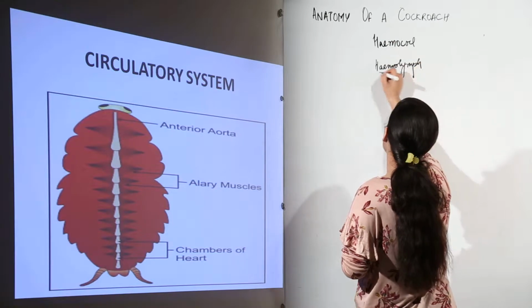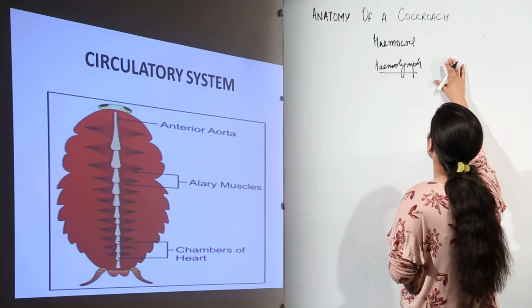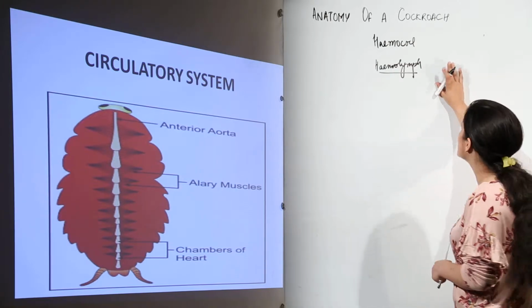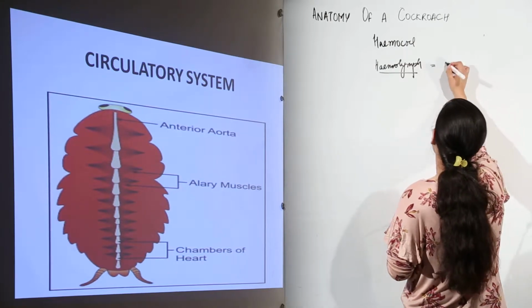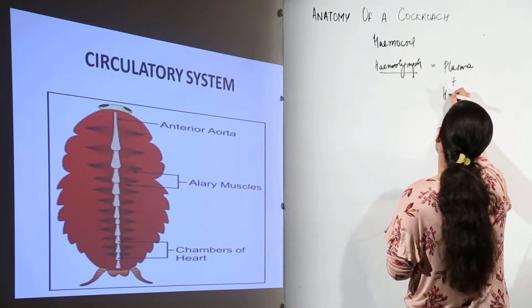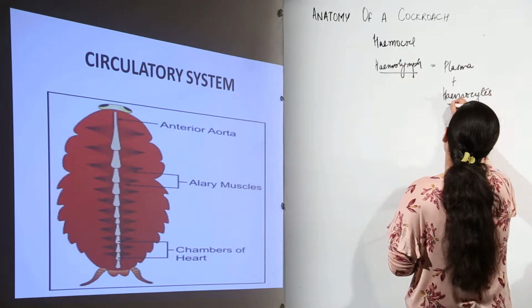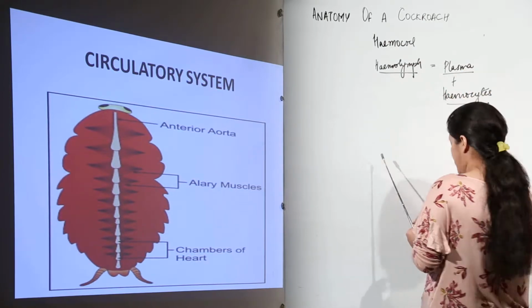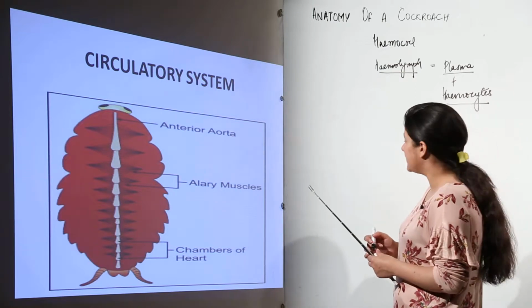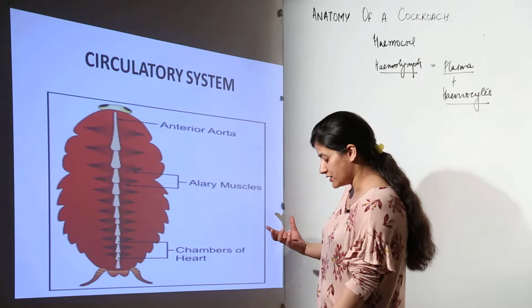Hemolymph is the blood of cockroach, though it's not exactly blood. Hemolymph is made up of plasma and hemocytes, and these hemocytes do not have reddish pigment present inside them; rather it appears whitish, and it is a viscous substance.